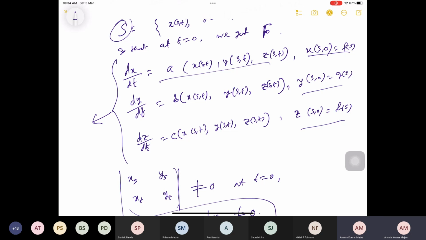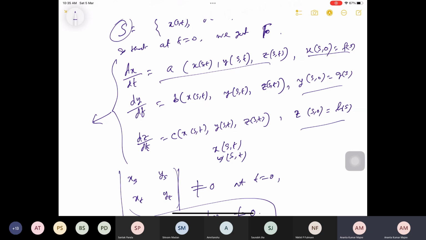Now x and y should be your independent variables. Whatever I have, x is a function of s and t, y is a function of s and t. But I want it only in the variables x and y. That means I need to invert the map, (x, y) goes to (s, t), because it is implicitly given to you.